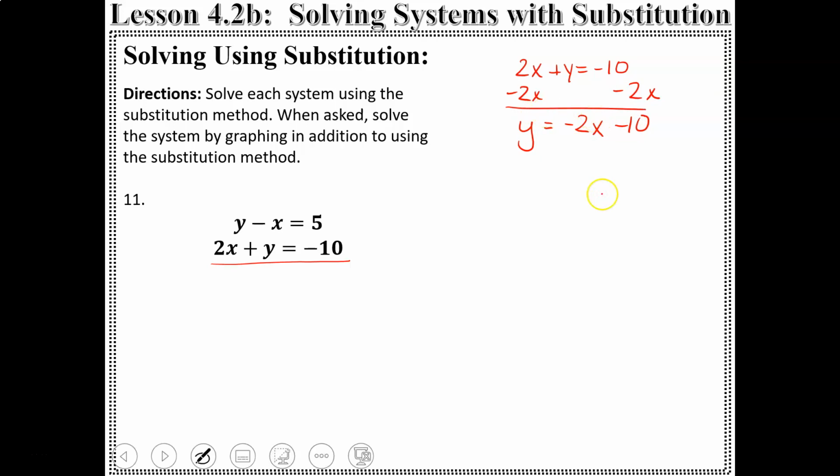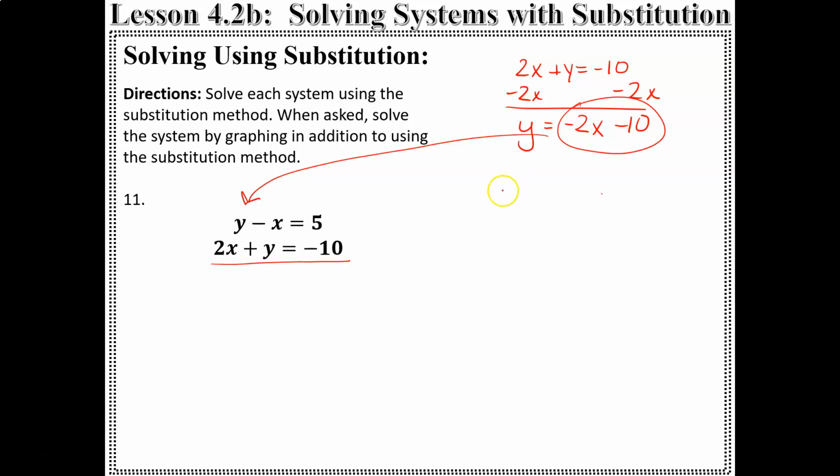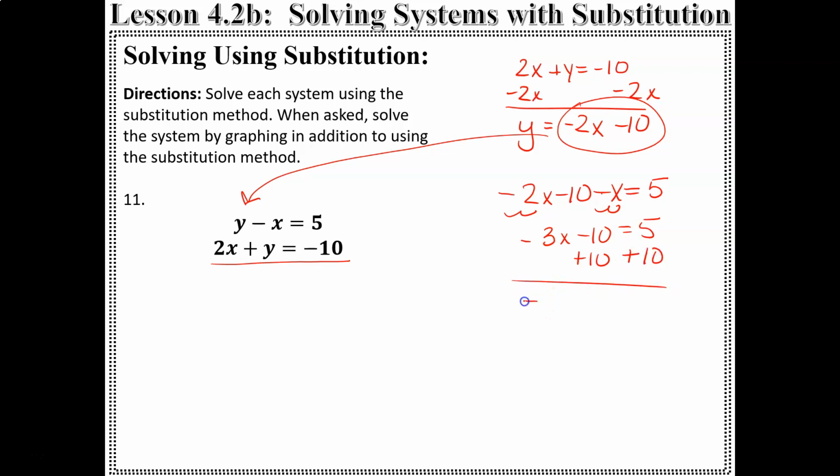Now I can take what y is equal to and I can plug it into this equation. So I have negative 2x minus 10 minus x equals 5. When I combine these, I have negative 3x minus 10 equals 5. I'm going to add 10 to each side. So I have negative 3x equals 15. I'm going to divide by negative 3.